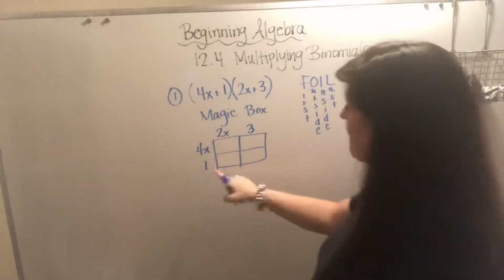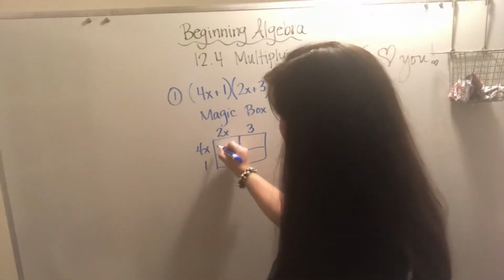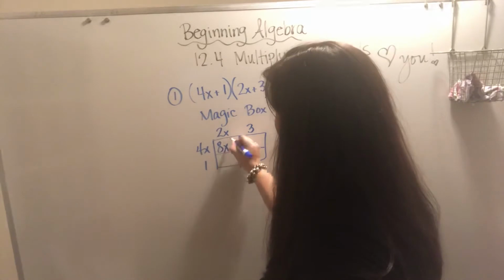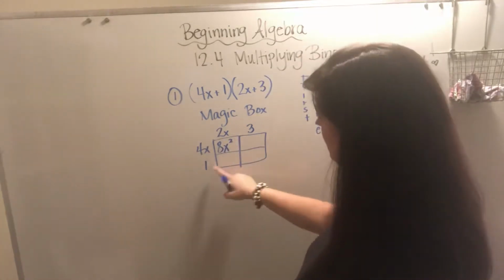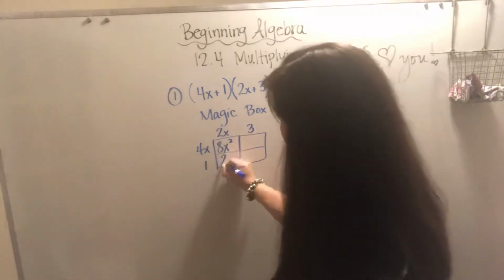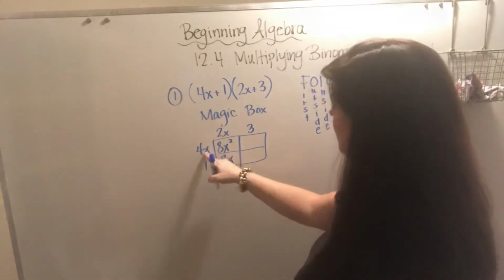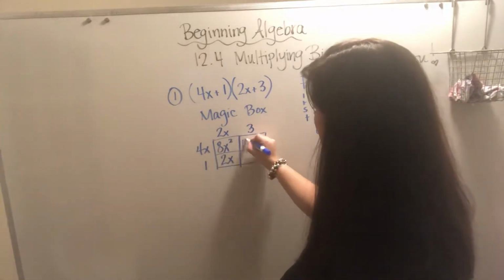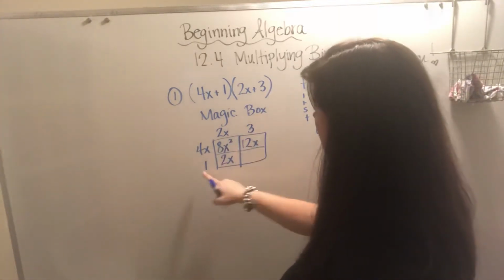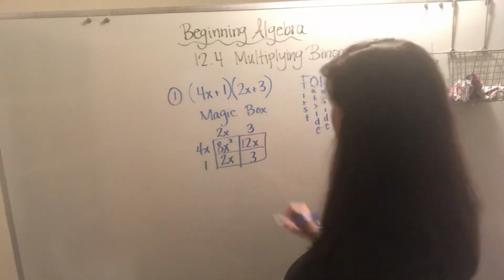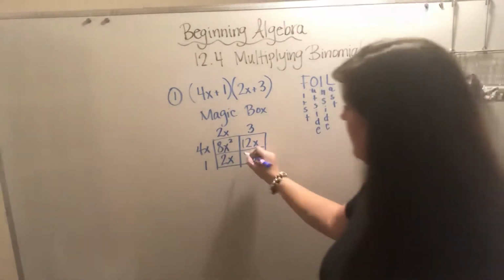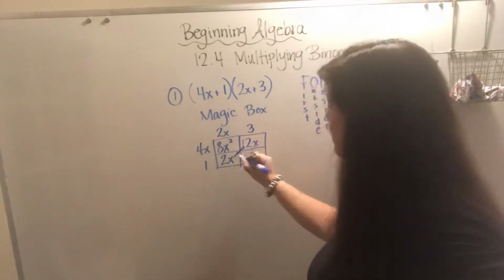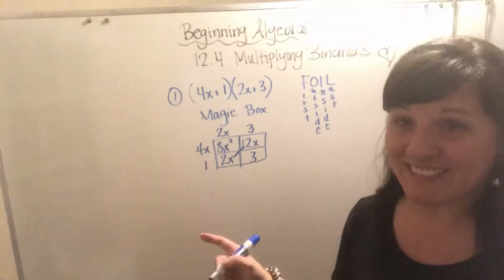Now you go box by box, 4x times 2x. Now you've figured out how to do that. And then for this box, 1 times 2x. And then 4x times 3. And then this times this is 3. These boxes that are diagonal will combine.